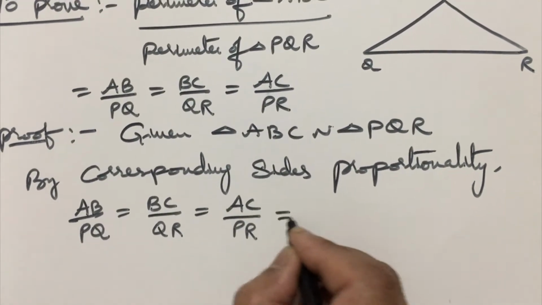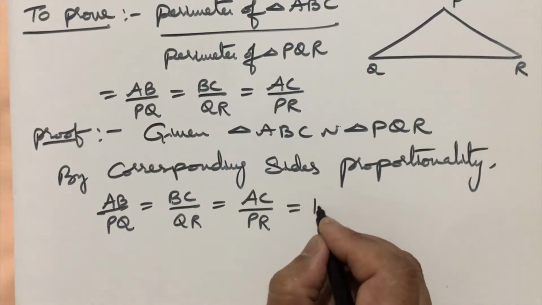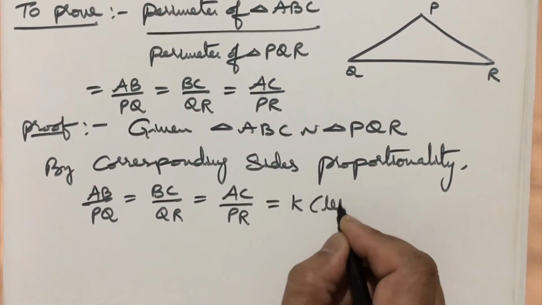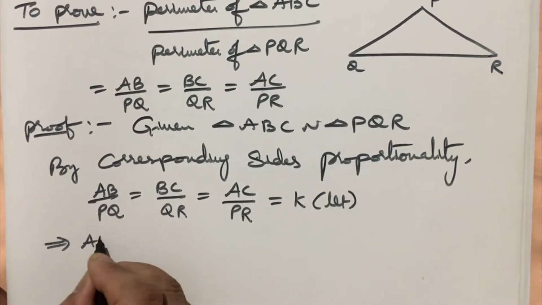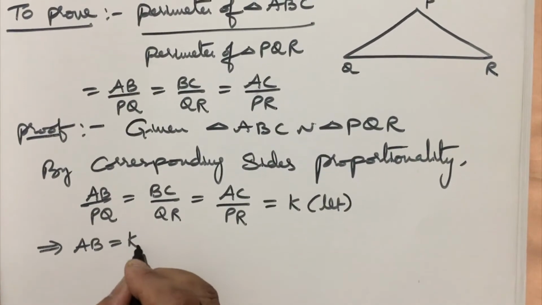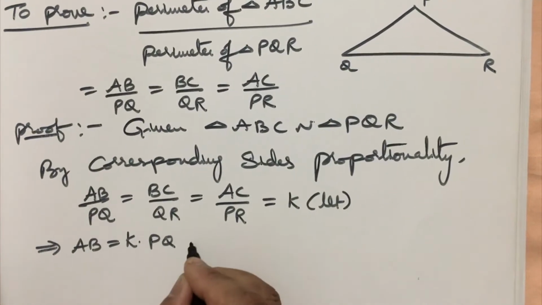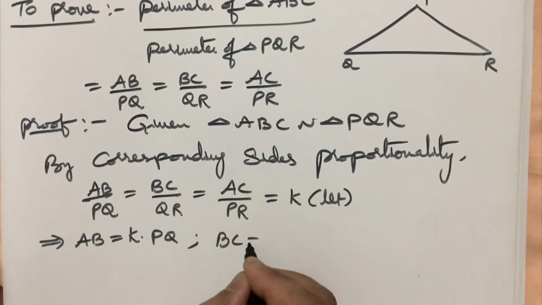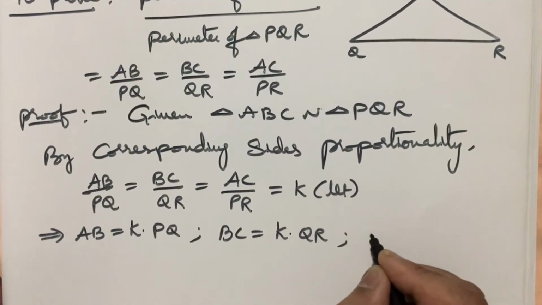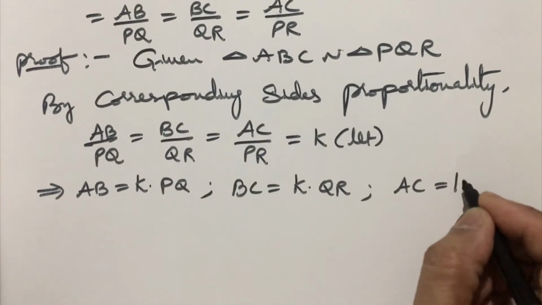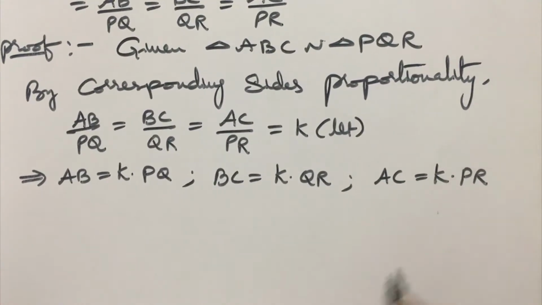I am taking it as some constant K. Let it be K. Then AB is equal to K times PQ, BC is equal to K times QR, and AC is equal to K times PR.